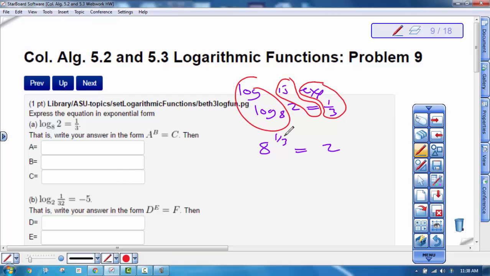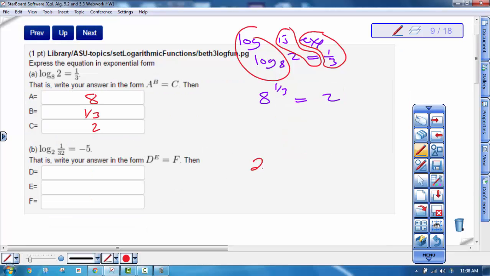So the exponent must go here, and obviously the base goes in the base, which makes 2 go here. So 8 to the 1/3 equals 2, and that way we can say A is 8, B is 1/3, and C is 2. Same thing with the next one, it's 2 to the -5th equals 1/32 if you change it into exponential form. So that makes D 2, E -5, and F 1/32.